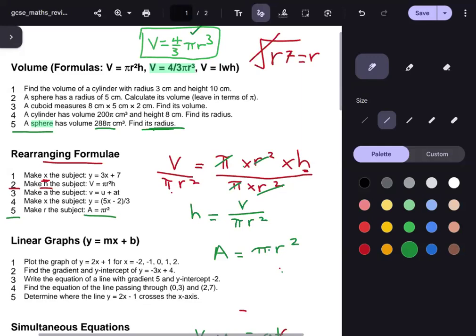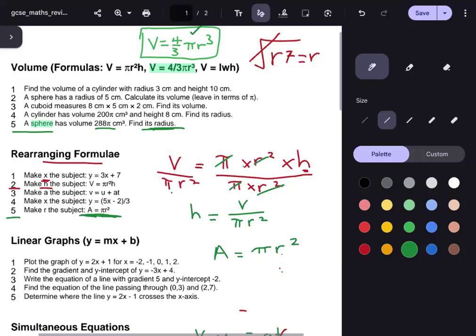So pi and R squared is being multiplied. So what are you going to do to make R the subject? So why did you write A equals? Isn't it supposed to be R? This is the original formula. We write that first and then we do something to either side to make R squared the subject.